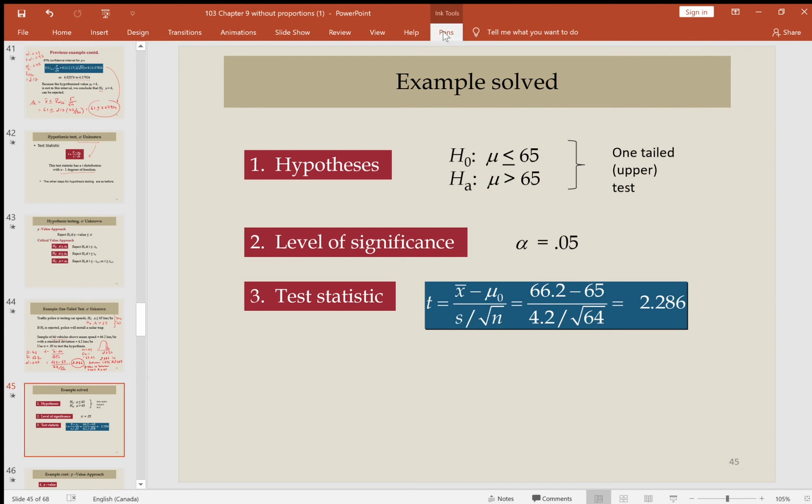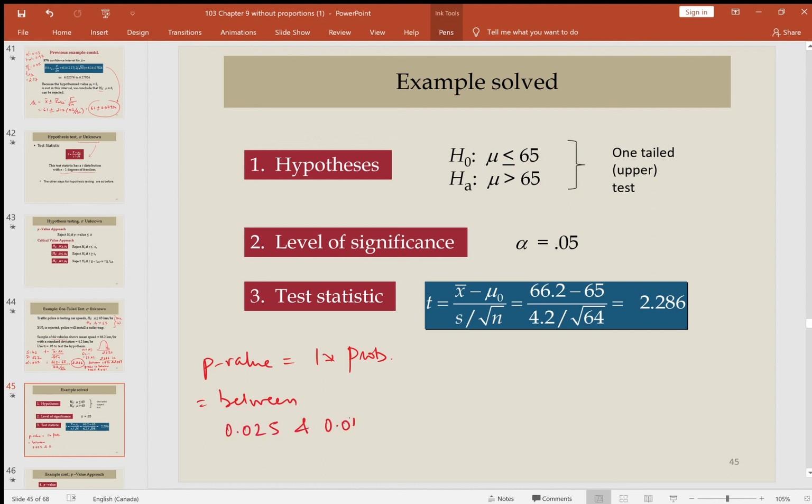Because we just calculated that test statistic was 2.286. So as I was telling you, it's a one-tailed test, p-value is 1 times the probability, and it is between 0.025 and 0.01.